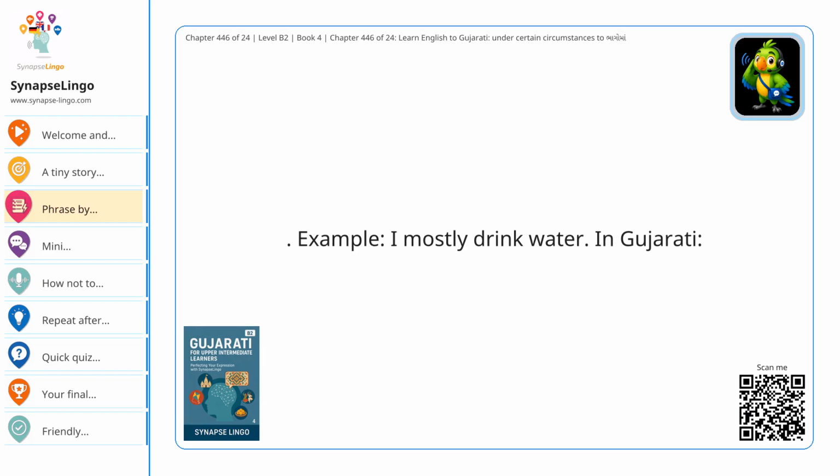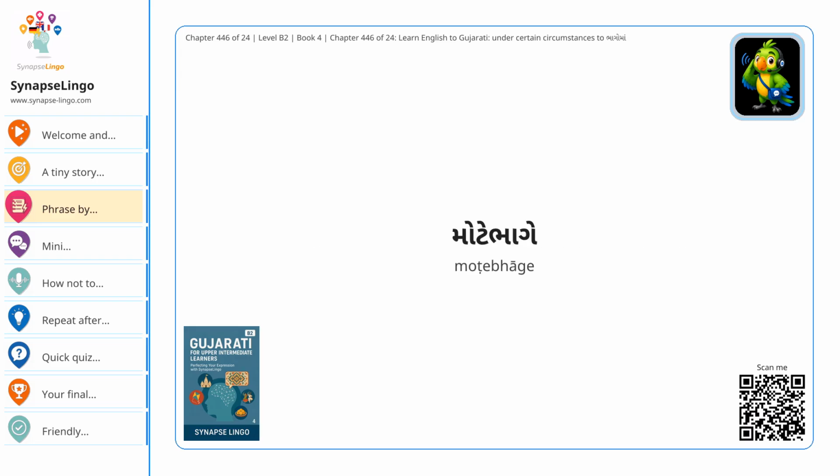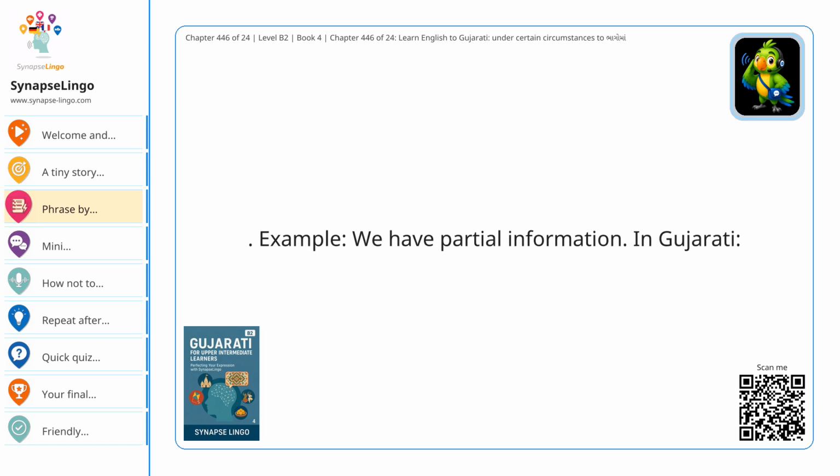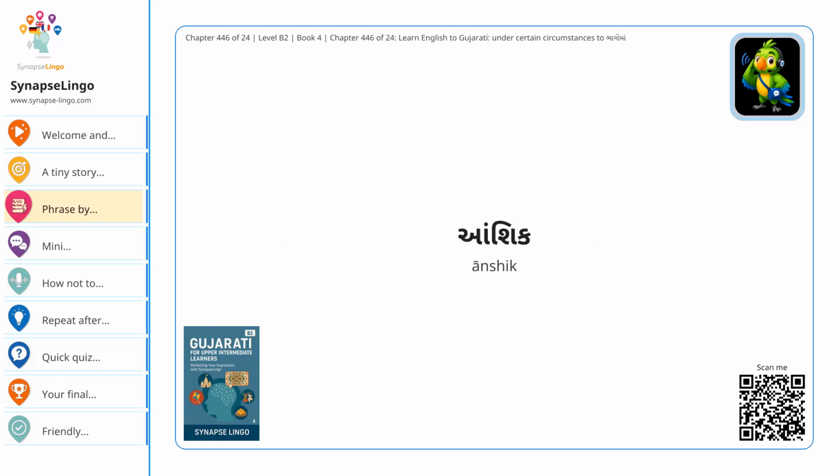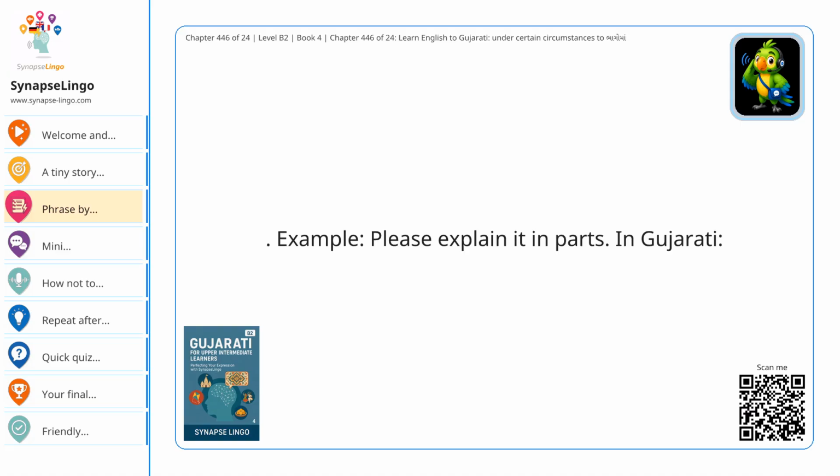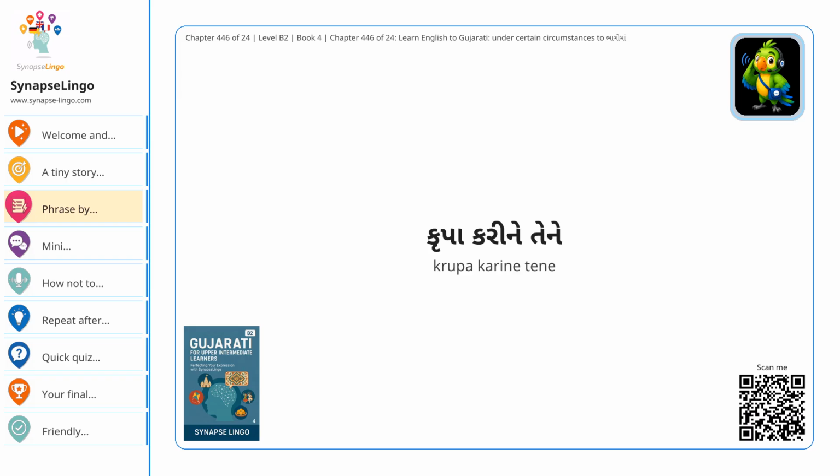In Gujarati: હું, મોટે ભાગે, પાણી પીઉં છું. Partial is આંશિક. Example: We have partial information. In Gujarati: અમારી પાસે, આંશિક, માહિતી છે. In parts is ભાગોમાં. Example: Please explain it in parts. In Gujarati: કૃપા કરીને તેને, ભાગોમાં, સમજાવો.